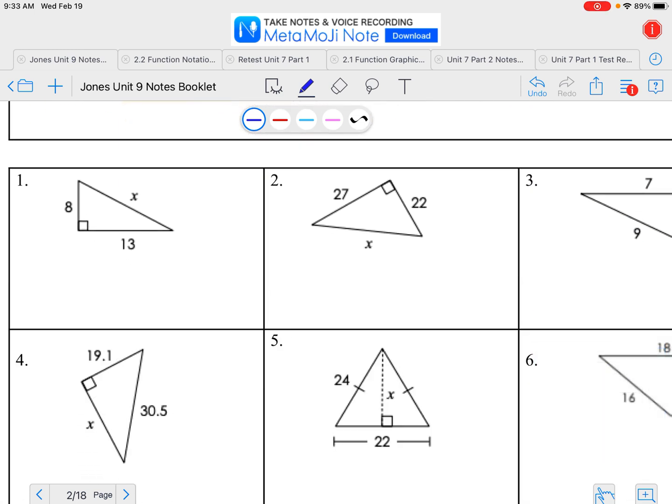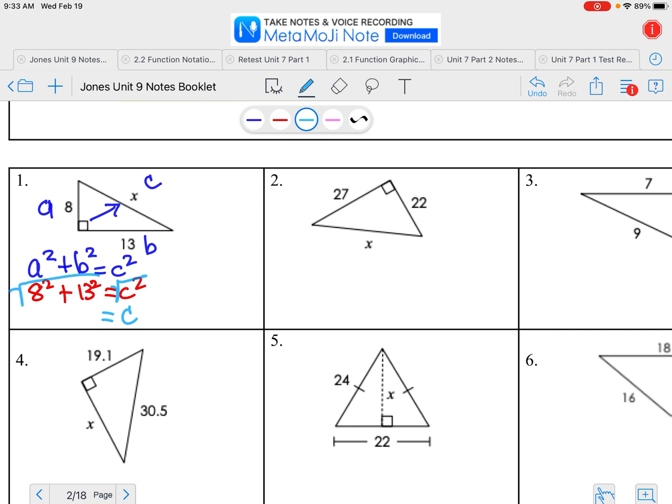On this one, X is the C, so the hypotenuse is what we're looking for. A and B can be interchangeable. It doesn't matter which side you call A and which one you call B. So A squared plus B squared equals C squared. 8 squared plus 13 squared equals C squared. I don't want to know C squared. I want to know just C. So the way you get rid of the squared and get just C is to take the square root of it.